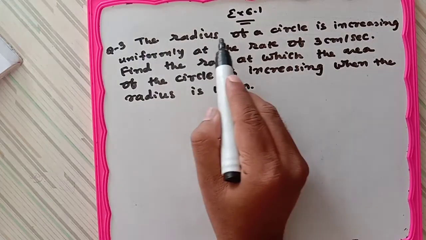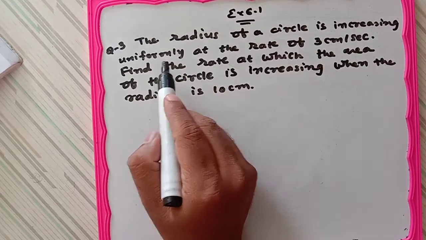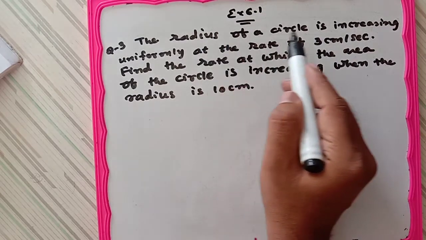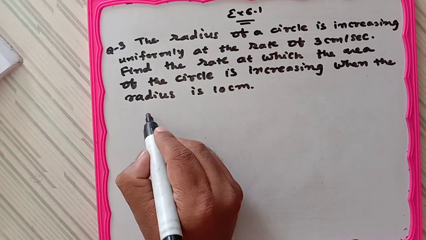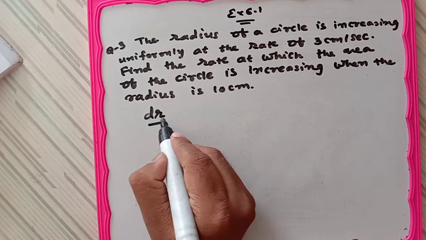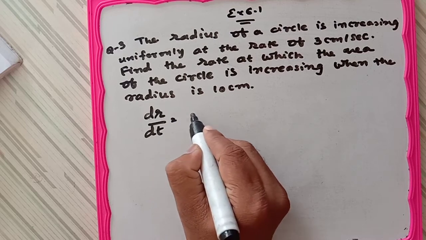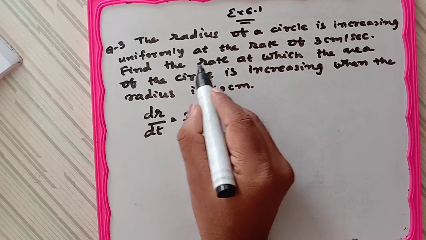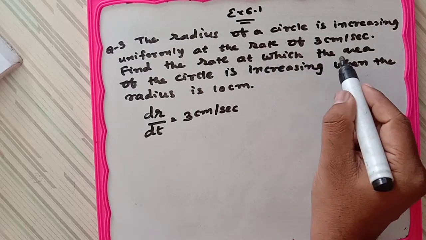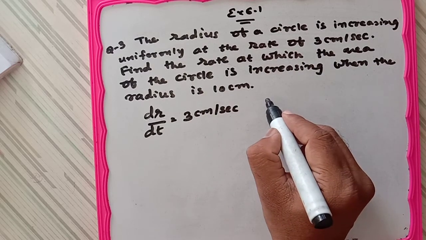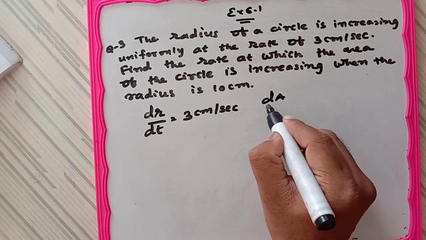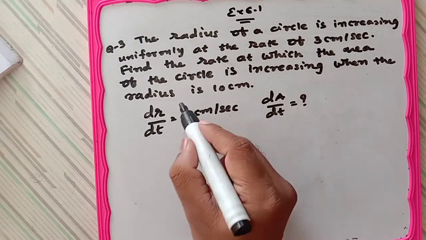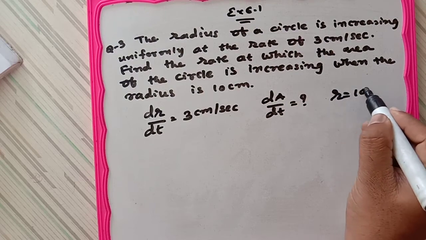Question 3: the radius of a circle is increasing uniformly at the rate of 3 cm per second. So the radius changing rate with respect to time, dr by dt, is given as 3 cm per second. Find the rate of change of the area of the circle, so dA by dt we have to calculate when r is equal to 10 centimeter.